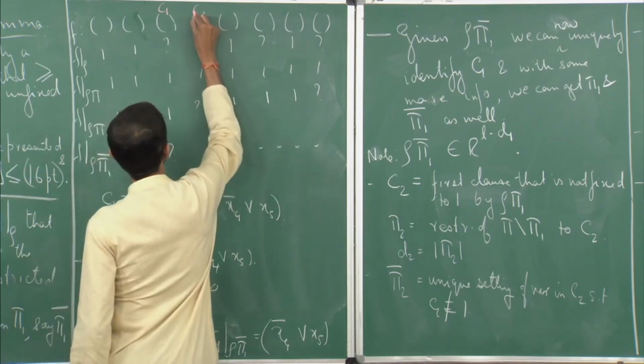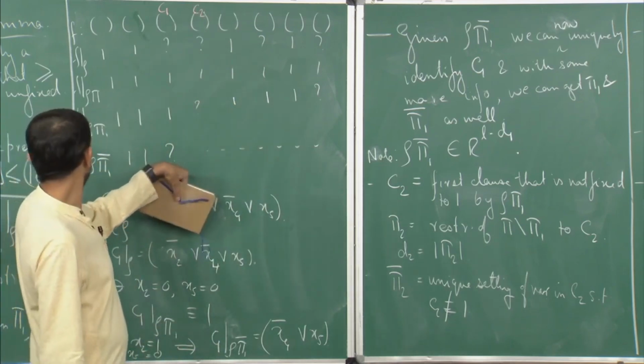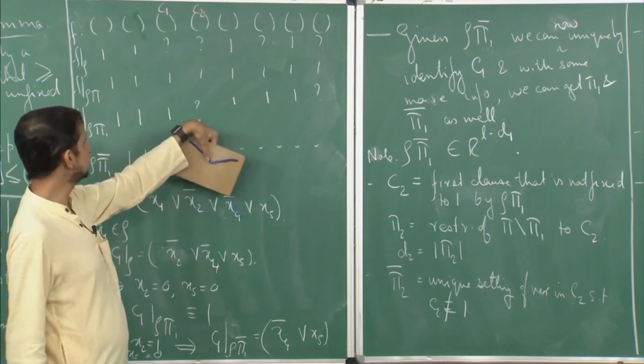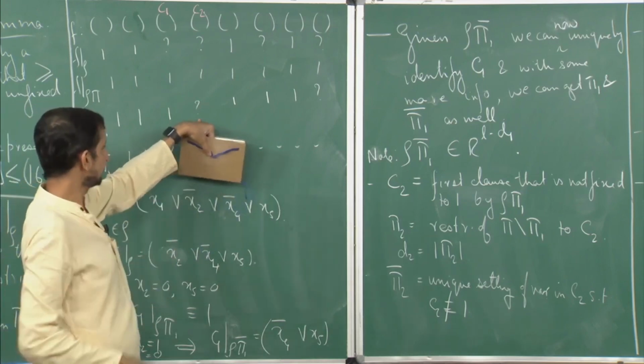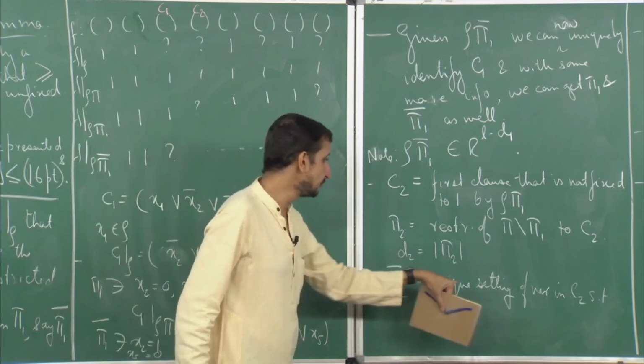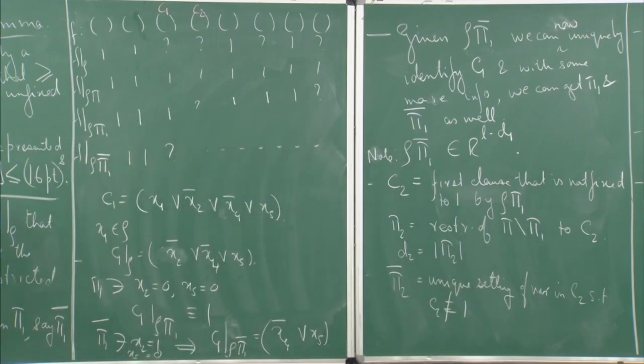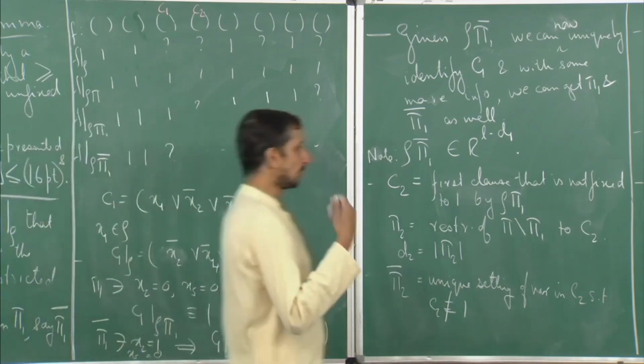Now, pi 2 bar once again is the unique setting of those variables such that C2 is not 1. And we keep on continuing this.